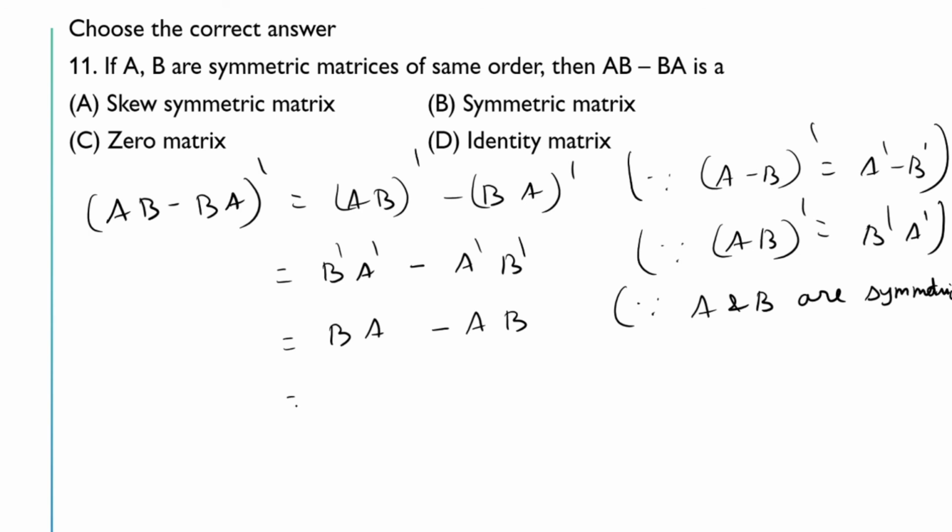So this is equal to minus of AB minus BA. So we got AB minus BA the whole transpose as minus of AB minus BA, which means AB minus BA is a skew symmetric matrix. So the correct option is option A.